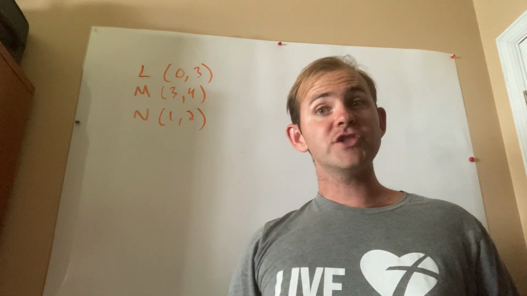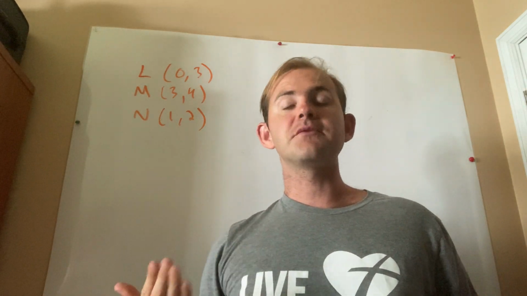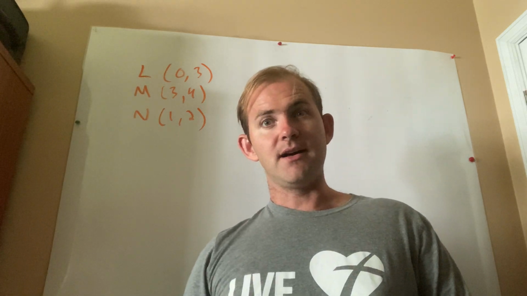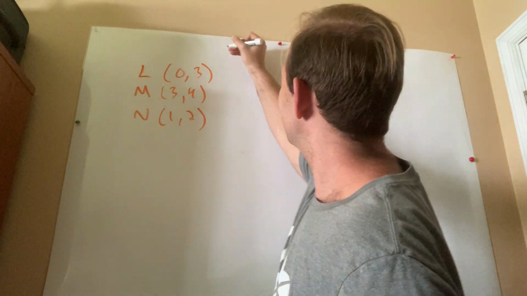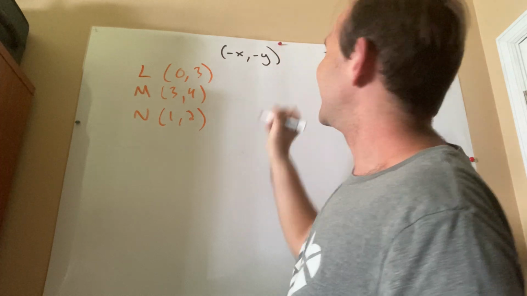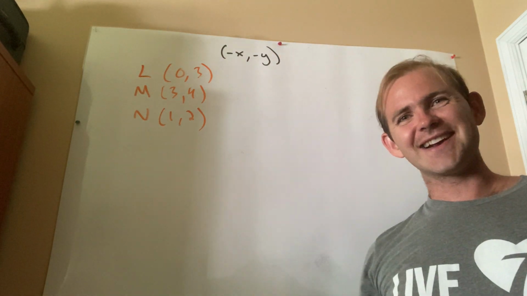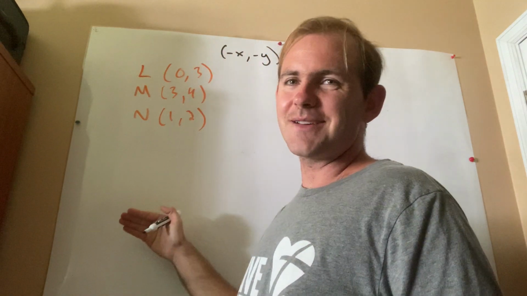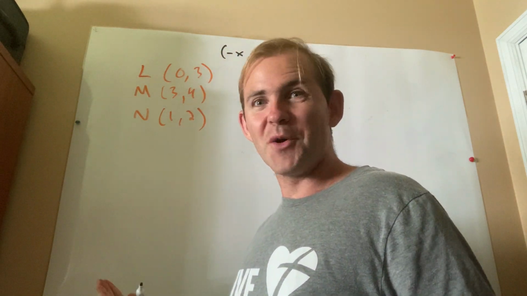They want me to do a 180-degree rotation about the origin. Do I know a coordinate rule for that? Rhetorical question. Yes, of course I do, because I've been studying for the past couple weeks, right? So I get (-x, -y). In other words, all I'm doing here is just changing the signs of both the x and the y.